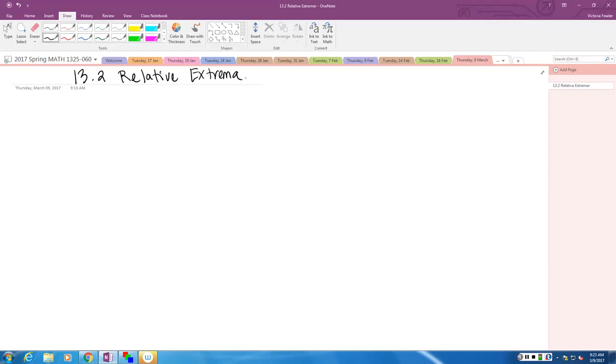Okay, we just looked at a graph from 13.1, and I'm just going to sketch it in here. You already have it in your notes, more than likely. Maybe I'll change it a little bit where we have an endpoint this time.